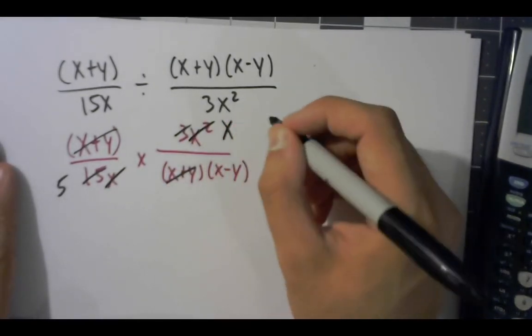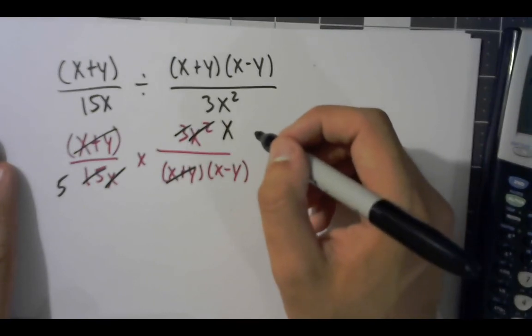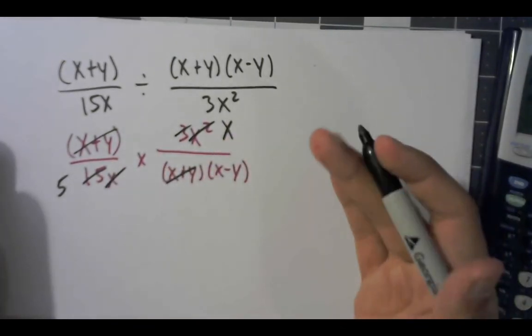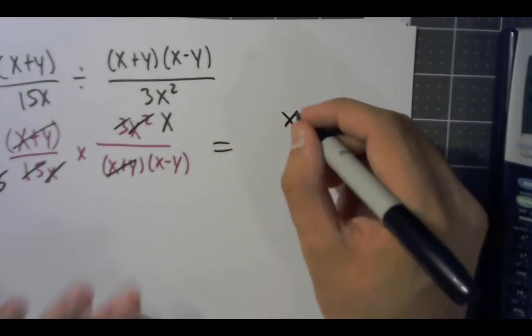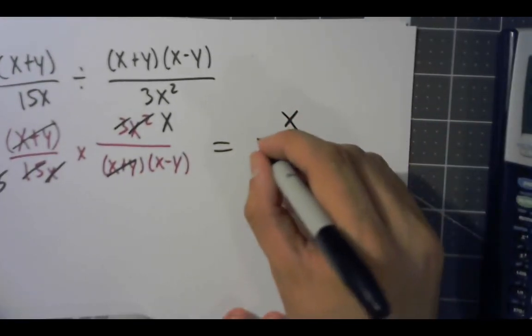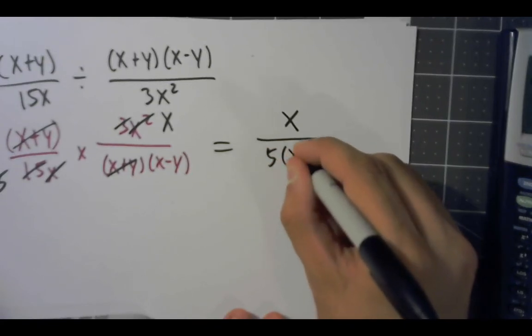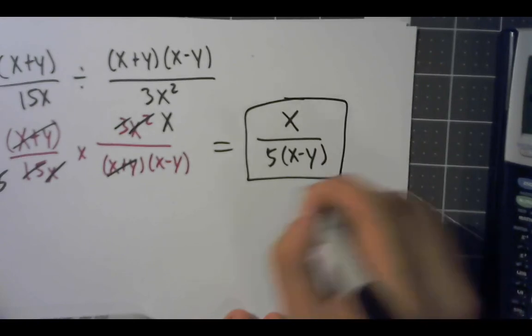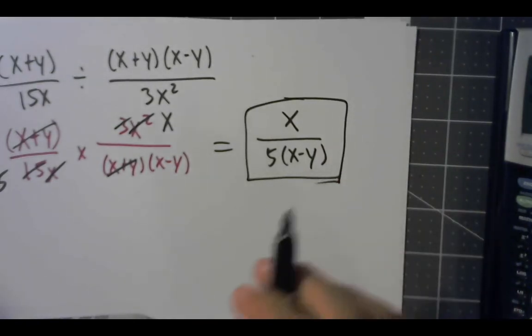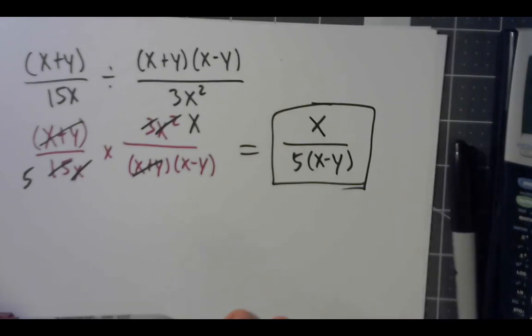That'll leave just an x right here. And that's all I can cancel. So what do I have left? I have an x on top. I have a 5 on the bottom. I have an x minus 1. Nothing I can do with that. There we go. You could distribute it if you want, but I wouldn't. Save some time.